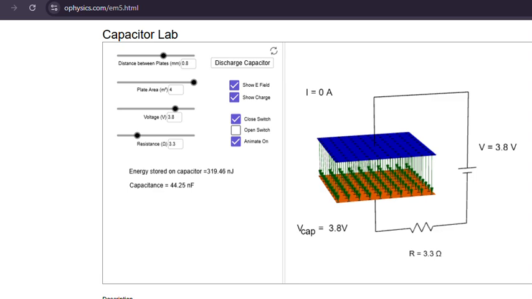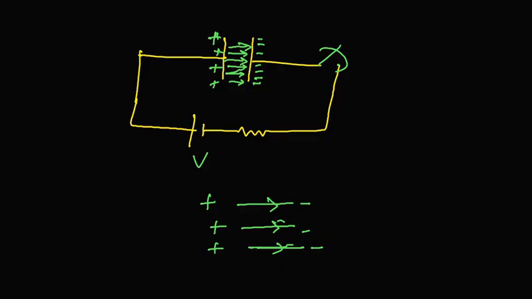Now, according to Biot-Savart's law, if there is a current or an electric field, it will create a magnetic field. So we can say if there is a changing electric field, it will create a changing magnetic field.